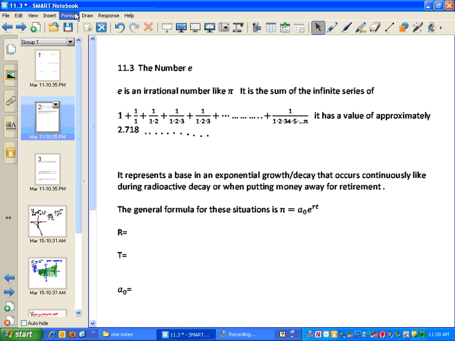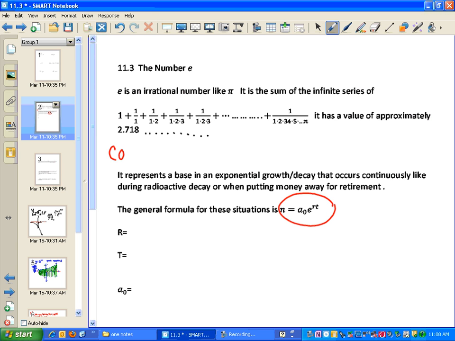So here's your general formula for a growth or a decay that is occurring continuously. You've got some new terminology to look for. When you've got a continuous, this is what you've got. If you've got it compounded, then you go to your other formula, the compound formula.